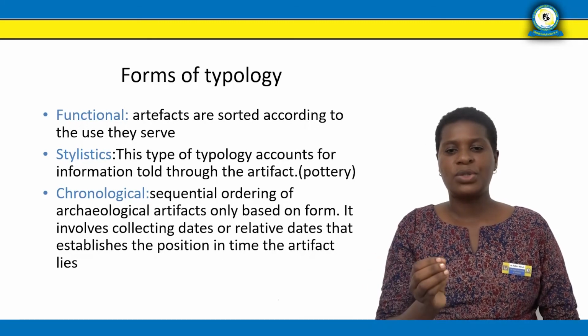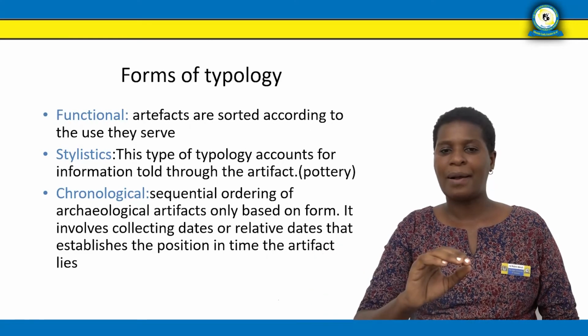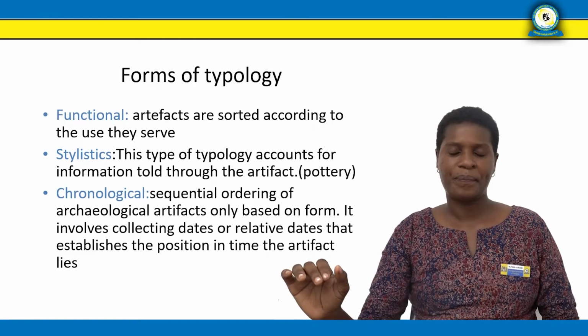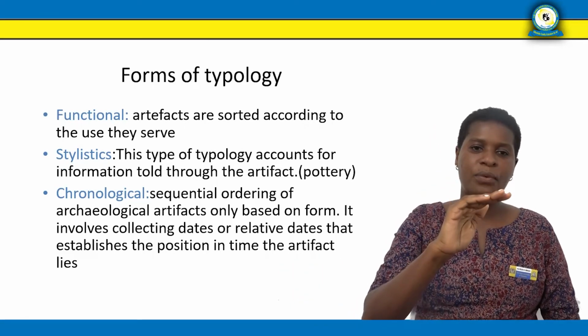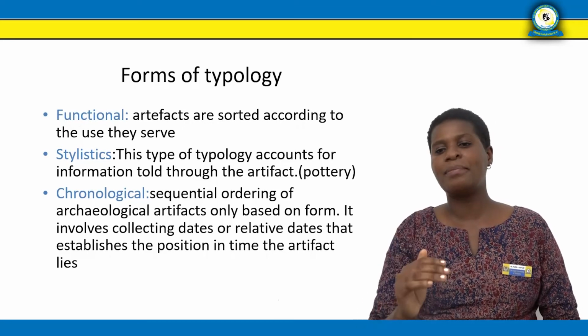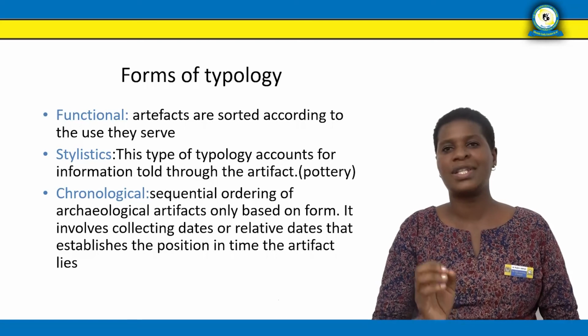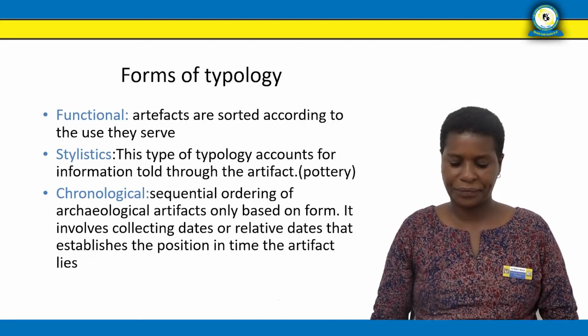So through that, you can discover these were of the same time, maybe they were used contemporarily. And these ones, through the layers, you can say this came before the other. So that is chronological typology. Through the time frame, you can rearrange that this came before the other.